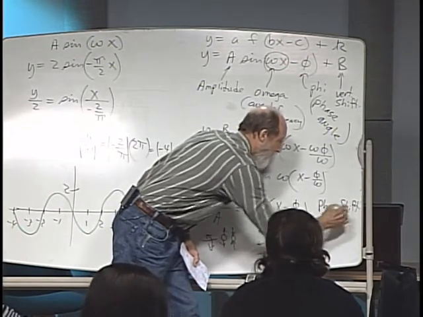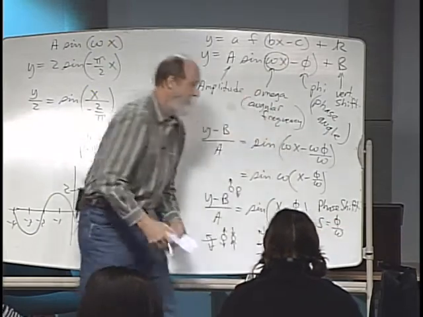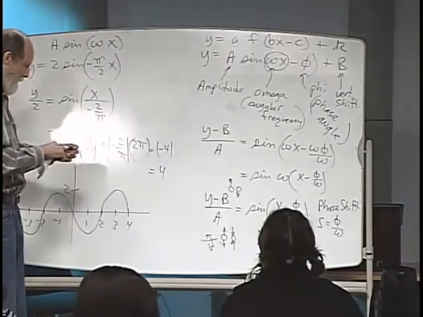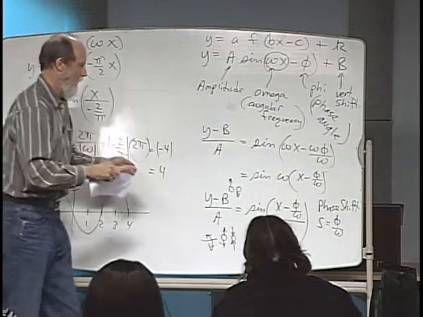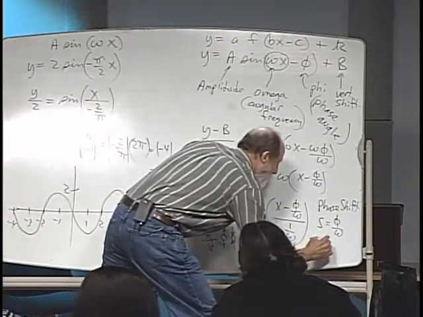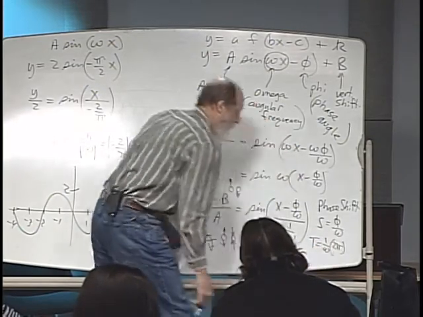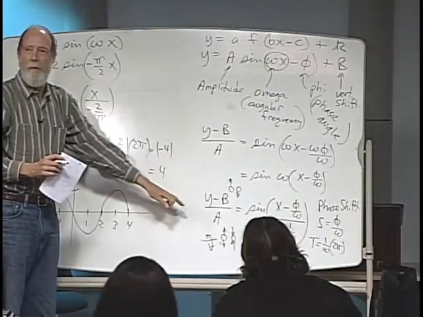Phase shift, I call it S, is equal to phi over omega. That's a summary. Oh, and then of course your period is going to be 1 over omega times your 2 pi, or 2 pi over omega. So there's a complete summary of all of the things related to sinusoidal modeling.